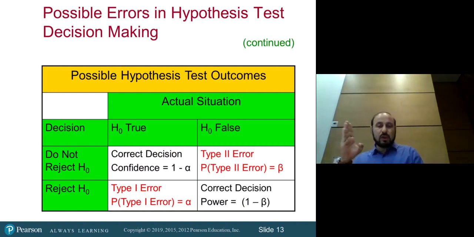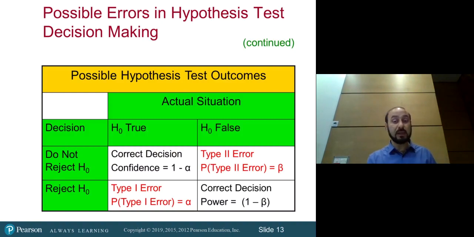The second situation: if your H0 is false, what do you need to do? Of course, you have to reject it, and if you have done so, you are making a correct decision. But if it is false and you are still accepting it, not rejecting it, you encounter type 2 error.